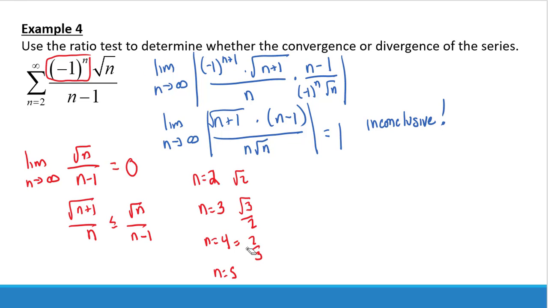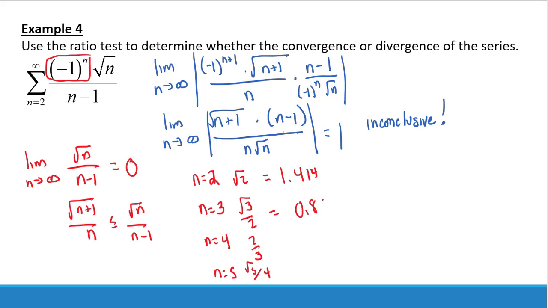Hopefully it's obvious to you that all of these numbers keep going down. So this one is 1.414. Square root of 3 divided by 2 is 0.866. 2/3 we know is 0.6 repeating.